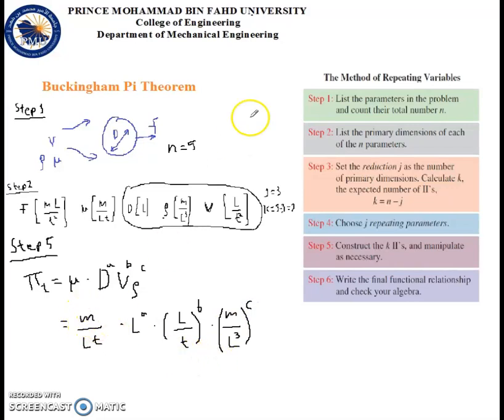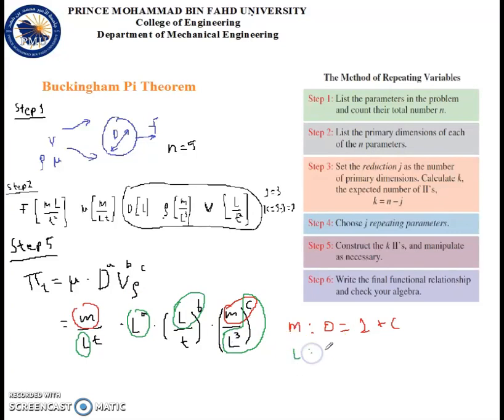So for the mass, we have one mass here and one more here. So for the mass, 0 must be equal to 1 plus c. For the length, we have a length here, here, here, and here.